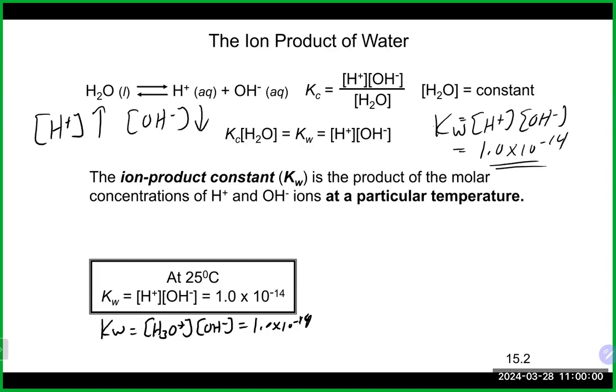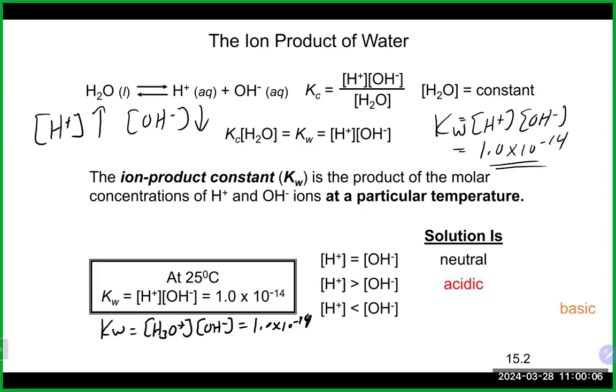So we can actually compare the concentrations of H plus to OH minus in a solution to help us decide if the solution is acidic, basic, or neutral. If you calculate the H plus concentration and it equals the OH minus concentration, which at 25 degrees means they both will equal 1 times 10 to the minus 7 molar, it will be a neutral solution.